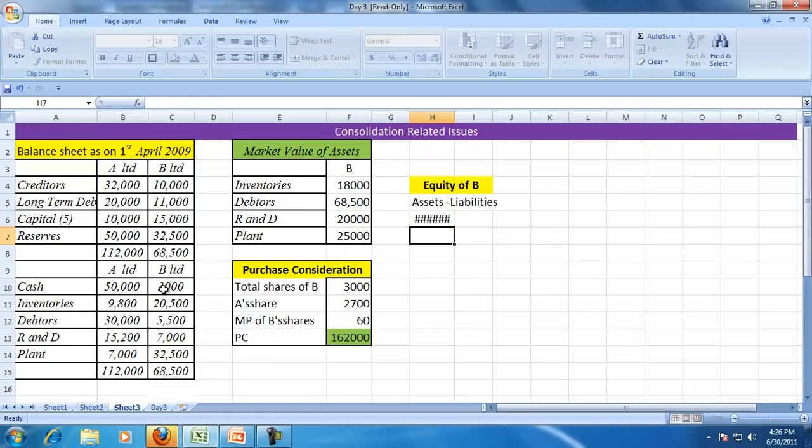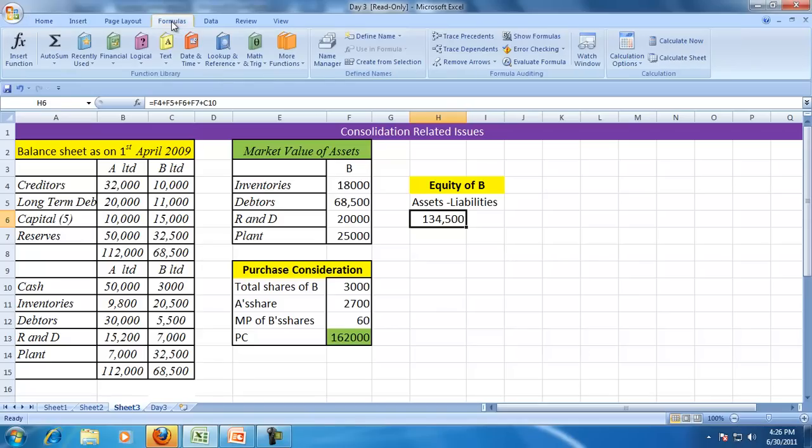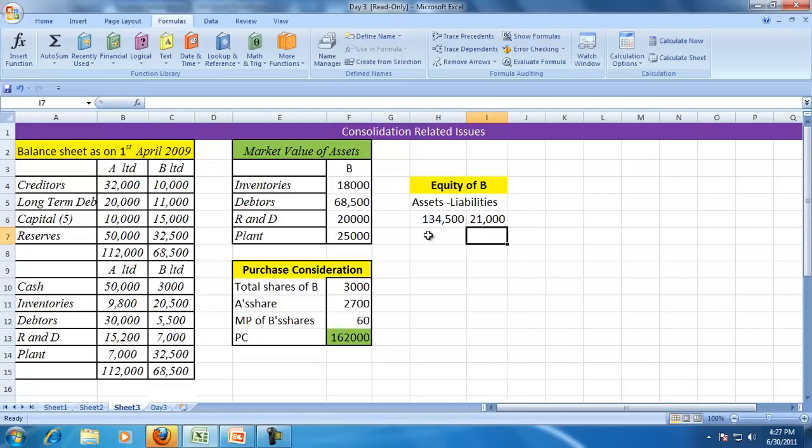These are the assets subject to consolidation, the assets that A will be taking over at this value. The market value of the liabilities is not given, so I'm going to take the book value of the liabilities, and so equity of B is 135 minus 21.